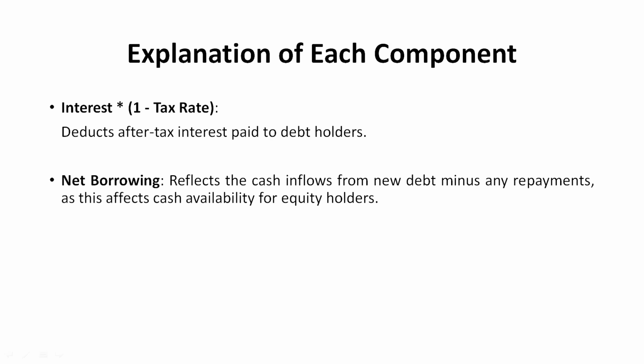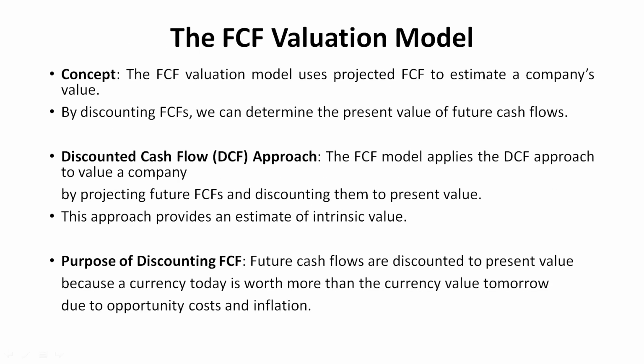Interest into 1 minus tax rate is the interest paid to debt holders, which I told you is exempted from tax. And net borrowings reflect the cash inflow from new debt minus any repayments which you have to make. Whatever is left out is for the equity shareholders. That's what I mean by free cash flow to equity holders.